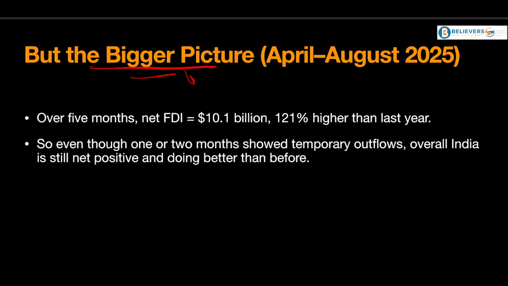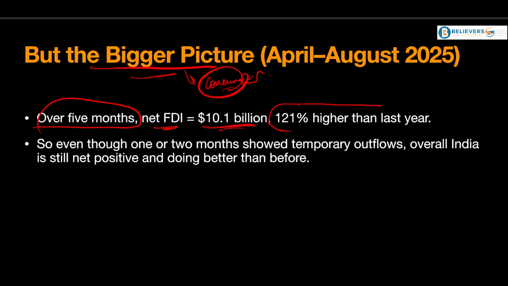So now, what is the bigger picture? Is it very concerning that the government has to worry, or the RBI has to take immediate action? Well, let's see. Over 5 months, the net FDI was 10.1 billion US dollars, which was actually 121% higher than last year.